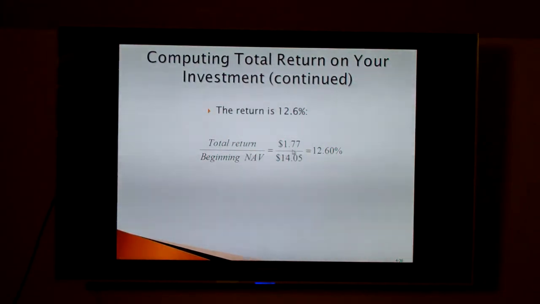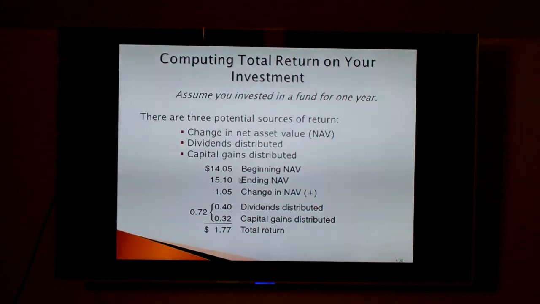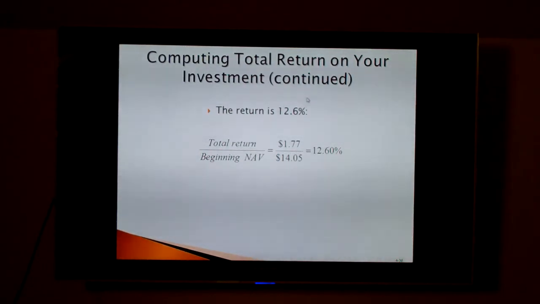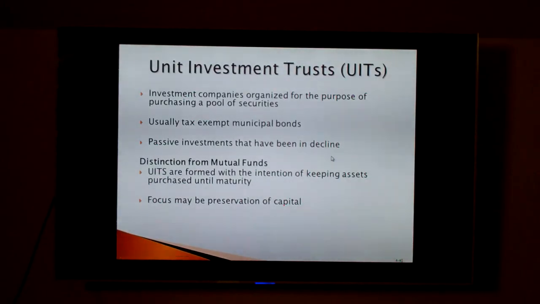Okay? $1.77 over the beginning NAV of $14.05. Again, we're seeing here a change in NAV of $1.05. Okay? $1.05 plus $0.72 is $1.77. That's where we get the $1.77 over the beginning NAV to get the 12.6%.